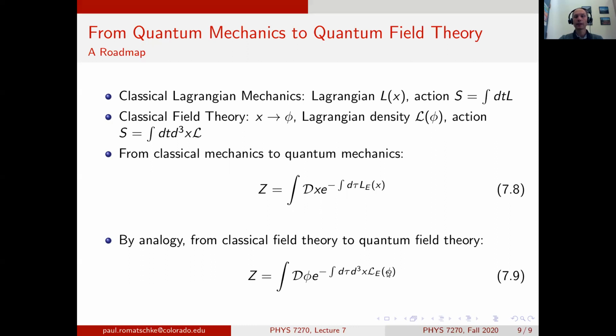So given a Euclidean Lagrangian density, we will write down an action that involves the integral over this Lagrangian density, and then there will be a path integral that is just an integral over all the possible field configurations to define a quantum field theory expression for the partition function.